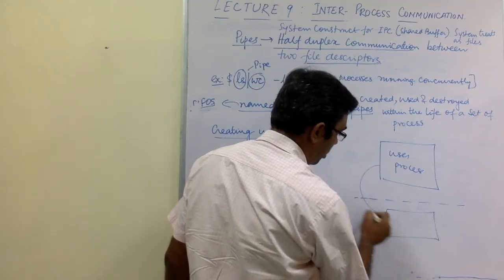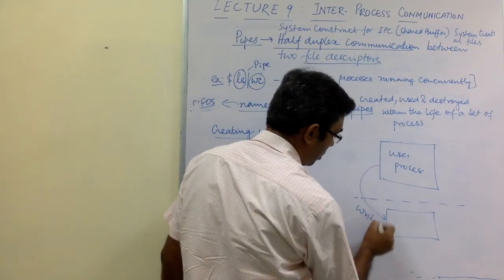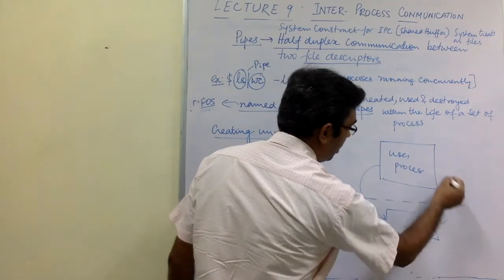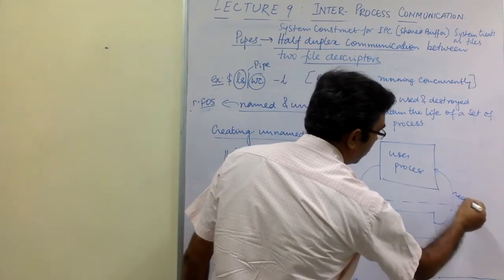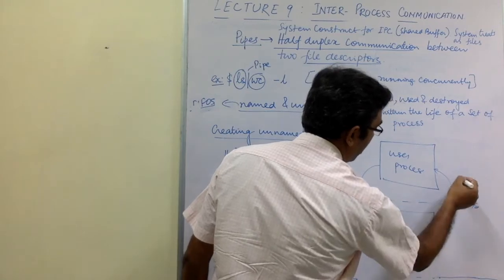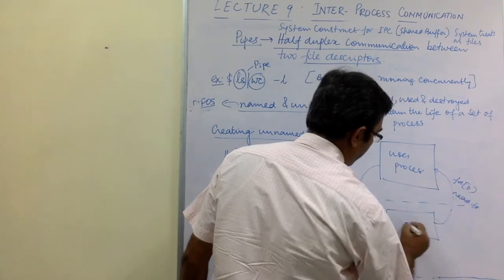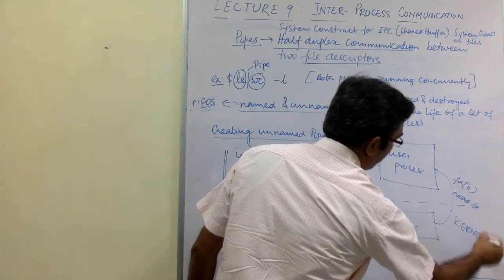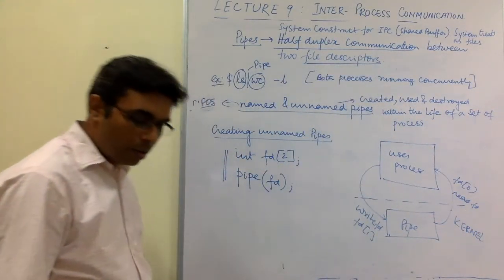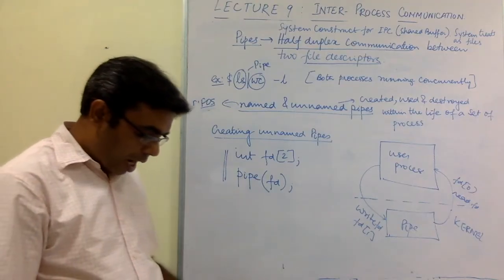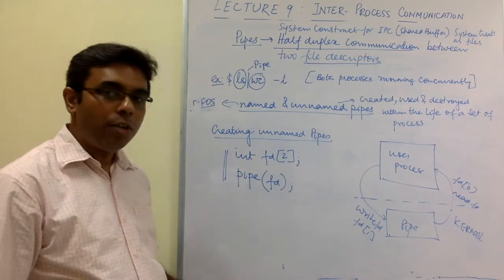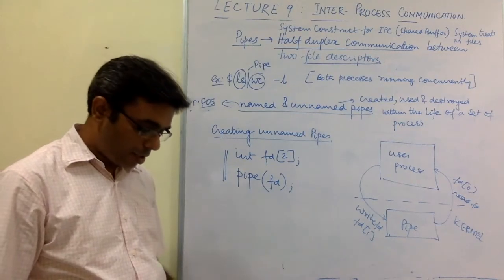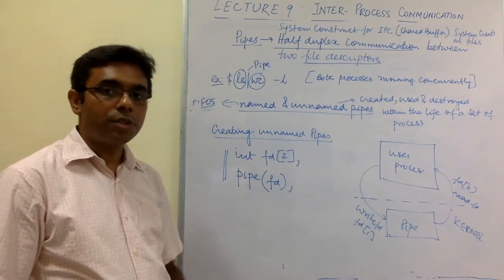This will be the write file descriptor, FD1, and this is the read file descriptor, FD0, and this is the pipe which is maintained by the kernel.